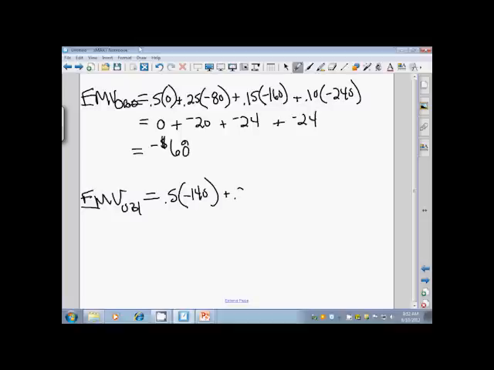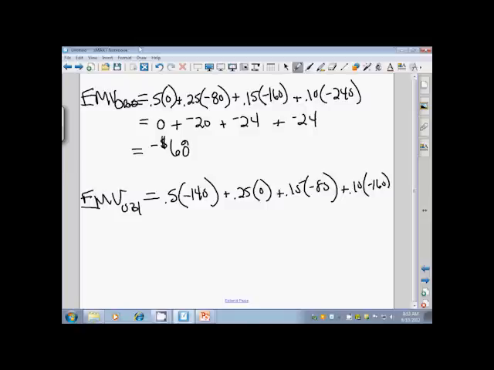It's a 0.25 probability of having 1 cancellation, which we would be out nothing. A 0.15 probability of having 2 cancellations, which we would be out $80, and a 0.10 probability of having 3 cancellations, we'd be out $160.